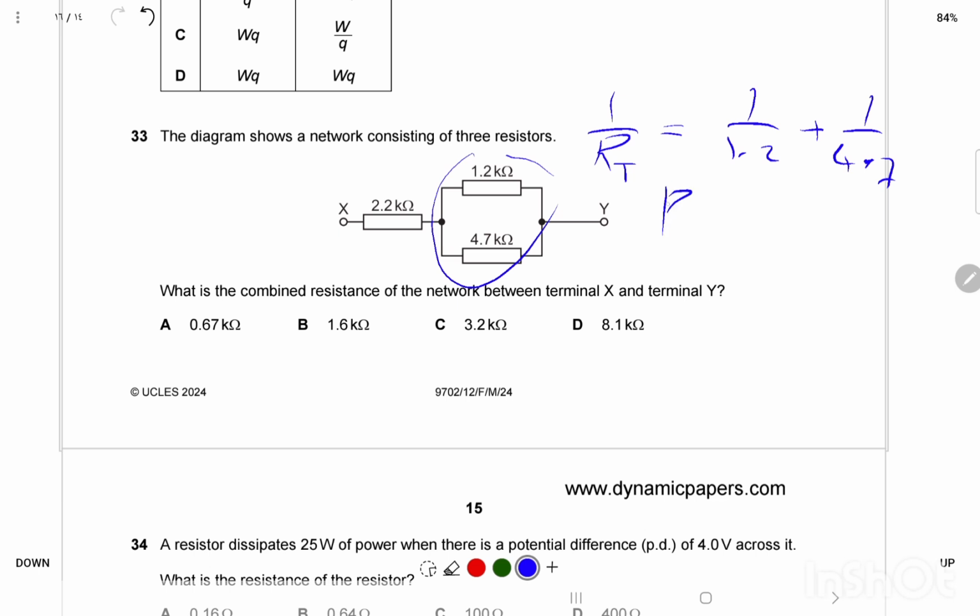If you do the math now, you get R is equal to 0.95. Then the combined resistance is 0.95 plus 2.2, and option C is the correct answer.